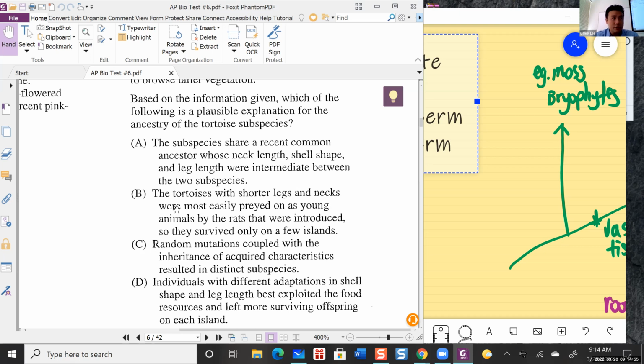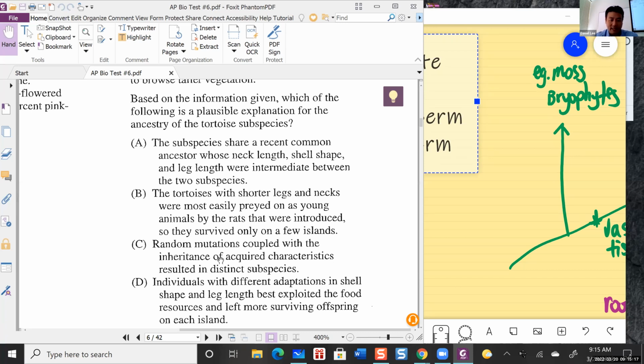If you look at C, it is wrong. They will throw in a lot of possible correct answers, but that's not the best answer. So for example, C says random mutations coupled with inheritance of acquired characteristics. First of all, inheritance of acquired characteristics is never correct, it's false, right? And mutation just doesn't make sense here.